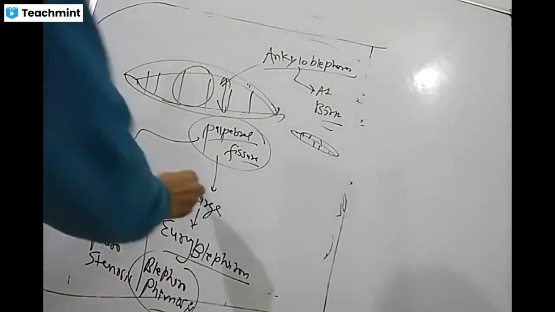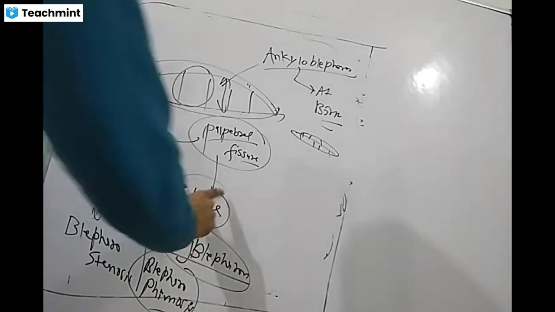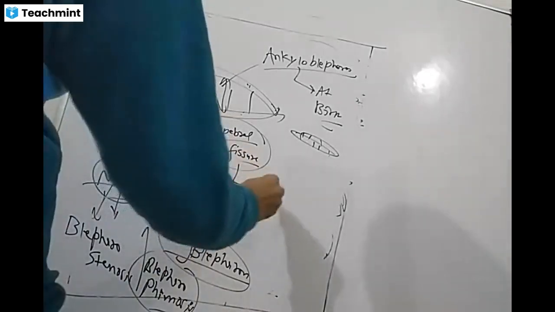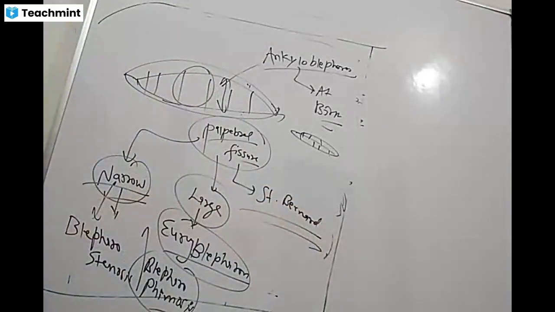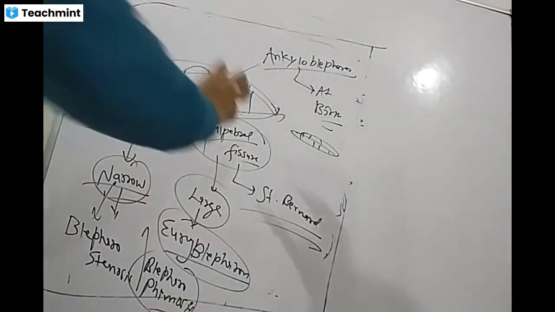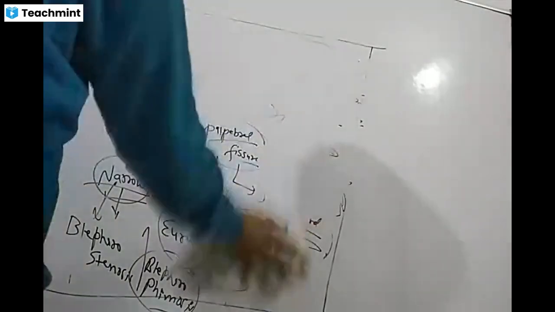If it is large, it is called euryblepharon. This large palpebral fissure is most common in Saint Bernard dog. Their palpebral fissure is large, so you can see their glow very easily.